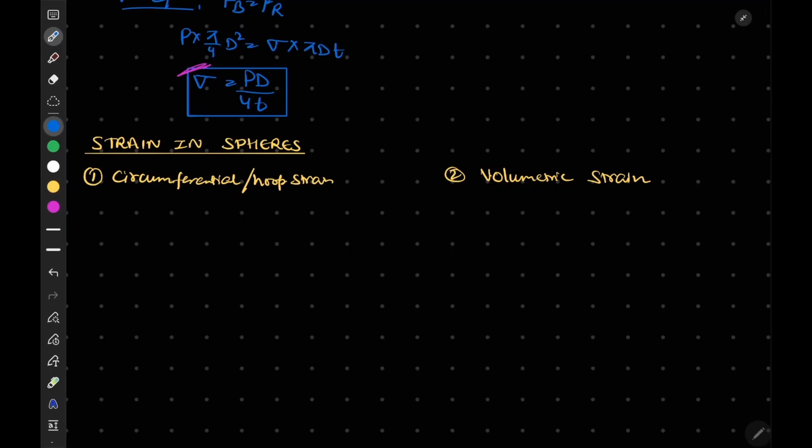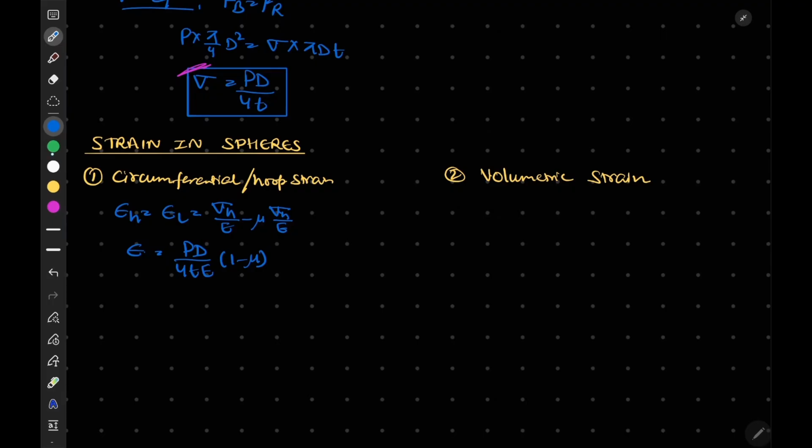We can write your circumferential strain epsilon h is equal to epsilon L is equal to sigma h by E minus mu times sigma h by E. Or I can simply write epsilon is equal to PD by 4tE times 1 minus mu.